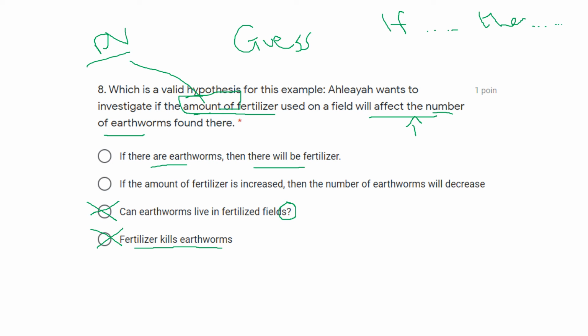The person doing the experiment is going to change the amount of fertilizer. So the amount of fertilizer is going to be the independent variable. The number of earthworms is going to be the dependent variable. This is what's going to be measured. This is saying the other way around.